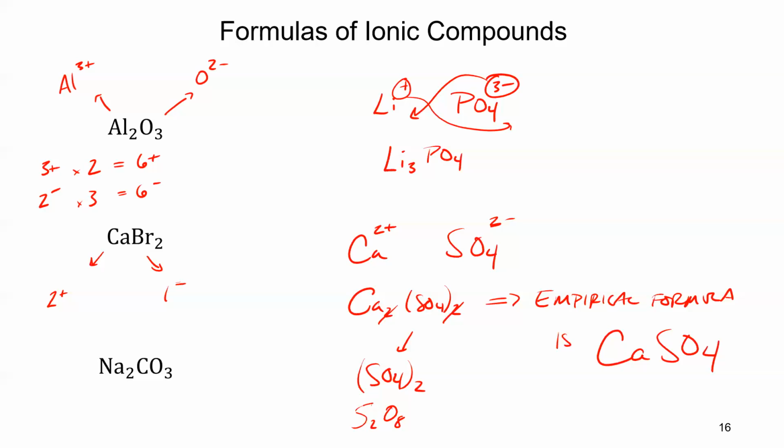So how come if they're already balanced, like the 2 plus and the 2 minus, how come you have to go and put another subscript of 2? So you do not have to do that. I was just showing that you can use that little charge switch method that I showed up here in the lithium phosphate. You can use that all the time as long as you remember to reduce it to the empirical formula if possible.